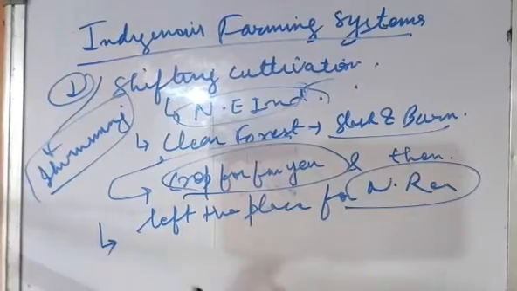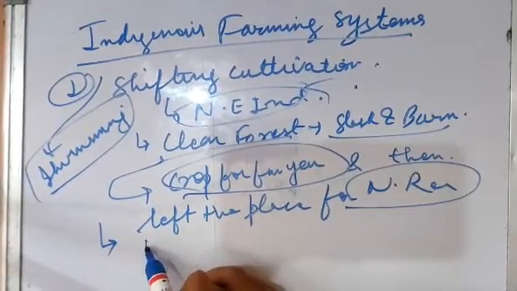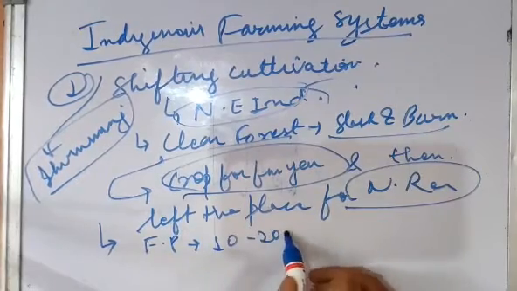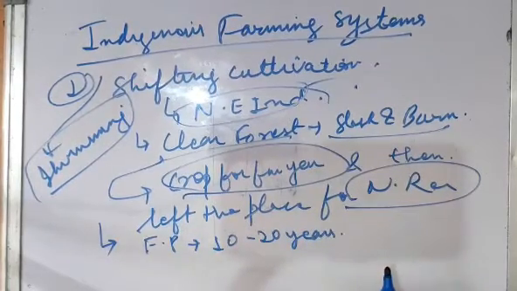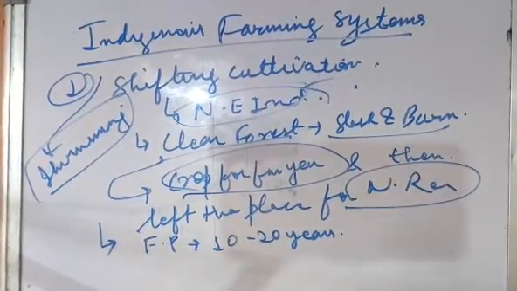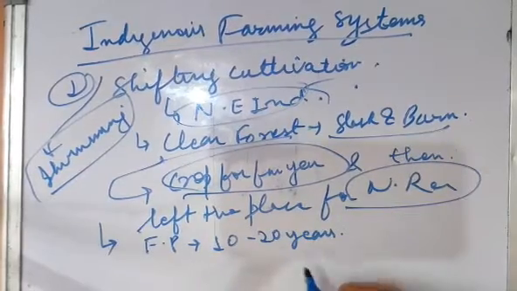But in conventional times, the fallow period was 10 to 20 years. But due to huge population pressure in recent times, and the reduction of tribal areas, the areas left for tribals are depleting with time. It is very low now.